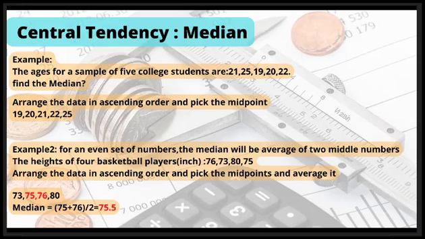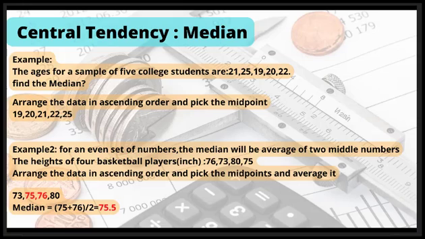I'm just giving these examples in detail, and if you go to Excel or a statistics program, there are many tools to do all this process, so you do not need to order or do all these things by hand. For example, let's take this. The heights of four basketball players are 76, 73, 80, 75.